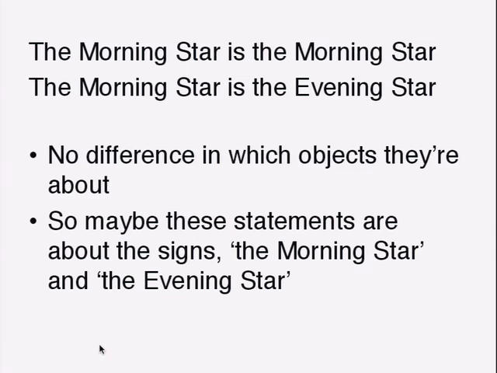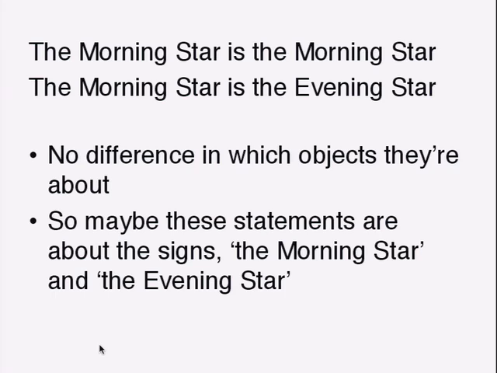You might say, Frege says, maybe what's going on is, when you say the morning star is the morning star, and the morning star is the evening star, what I'm saying is, take the sign, the morning star, and take this other sign, the morning star. They stand for the same thing.